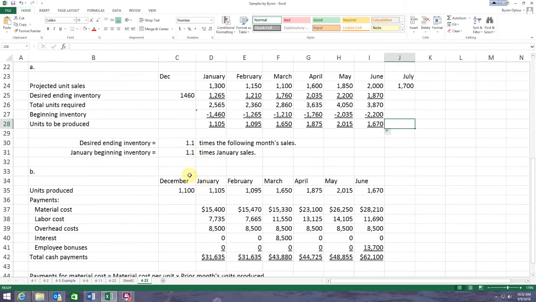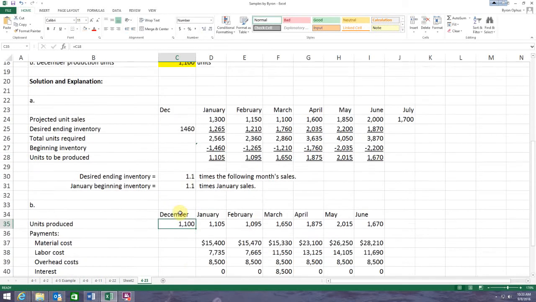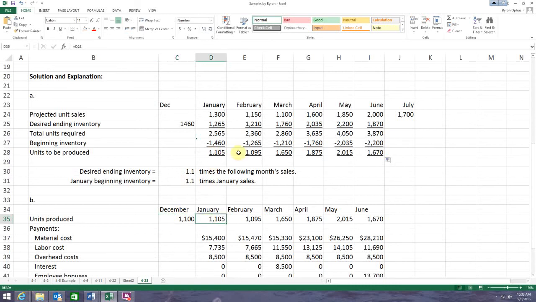So December, it says that I produced 1,100 units in December, so I just input that manually, right? Or I took it from up here. January then is, my units just like up there, so I can say that this is simply equal to that. That reference stays the same, so I can drag that across, and those numbers should exactly match up, and they do.